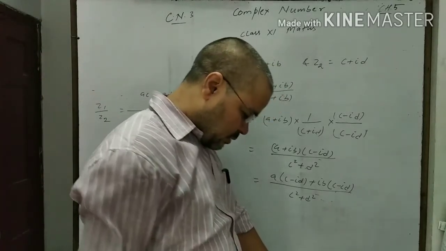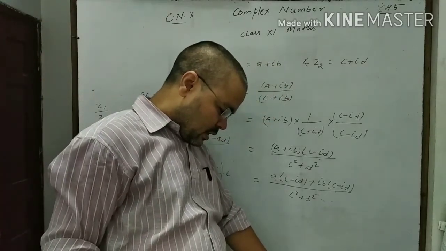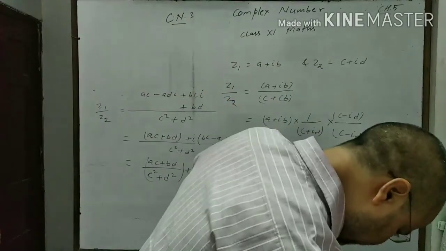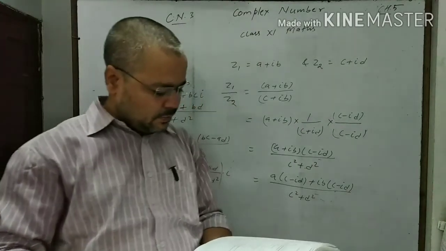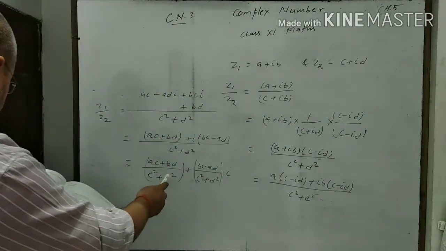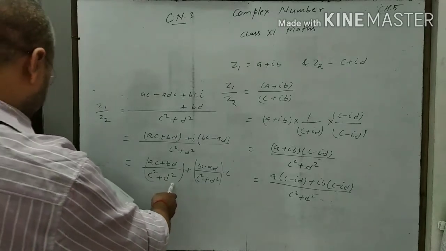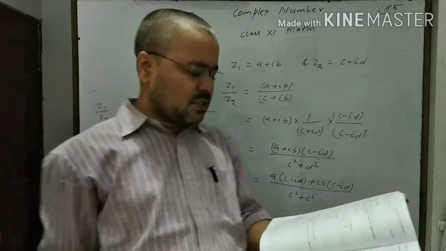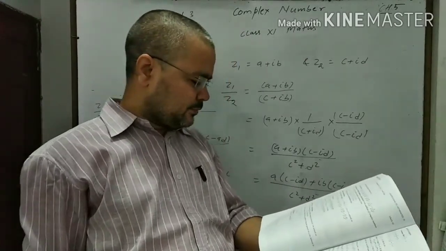Here it will be (ac plus bd) upon (c square plus d square), and here i times (bc minus ad) upon (c square plus d square). Okay. Here examples are given. You should go through it.